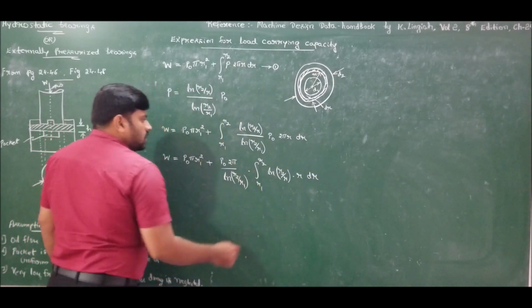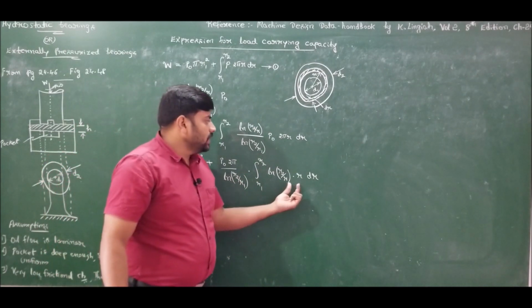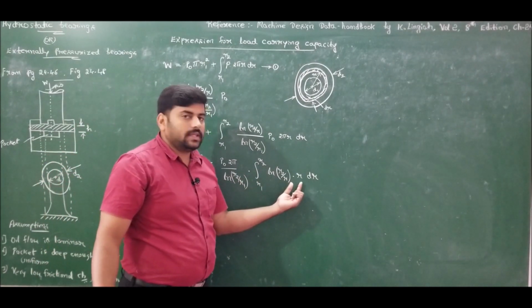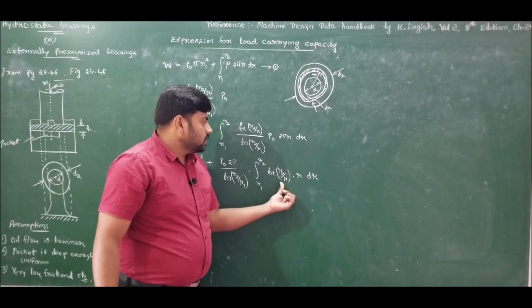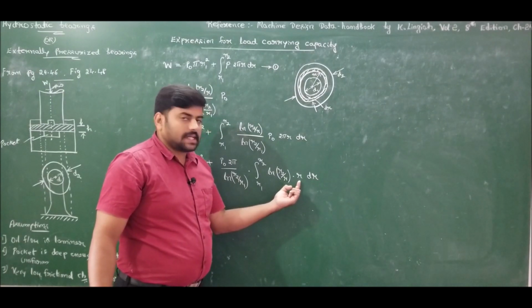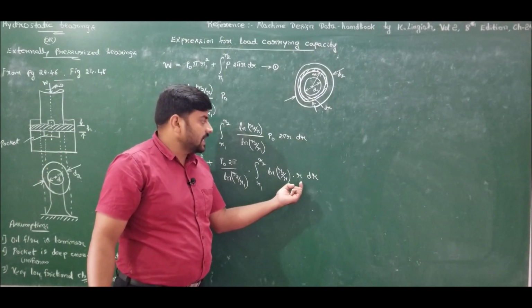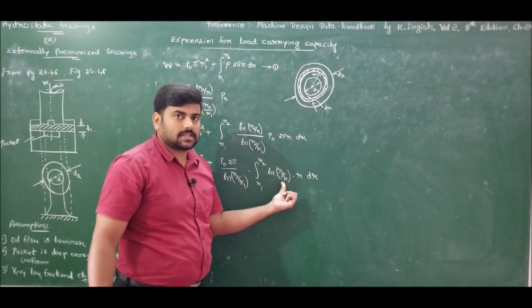Now this is of the form integral of u into v. So integral of u into v is u, first function, integral of second, minus integral of integrated second into derivative of first, right?